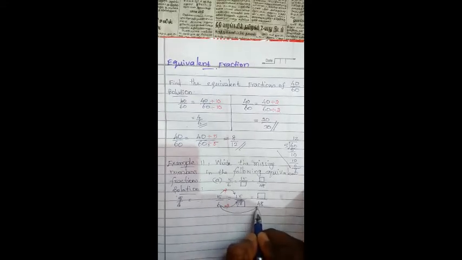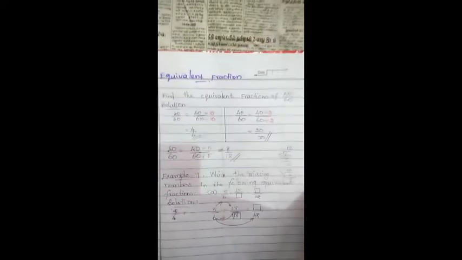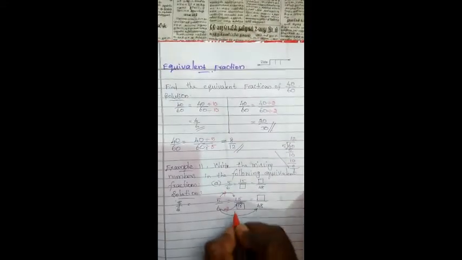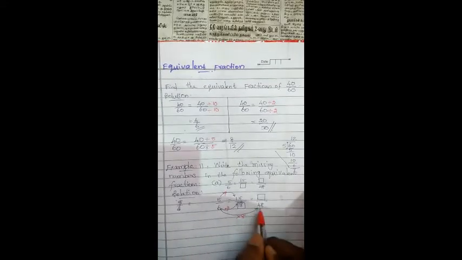Here we have 48. How we reach 48 from 6? Very good. So by multiplying by 8, because I write here, you see. Good, very good. Into 8. 6 8s are 48, right?